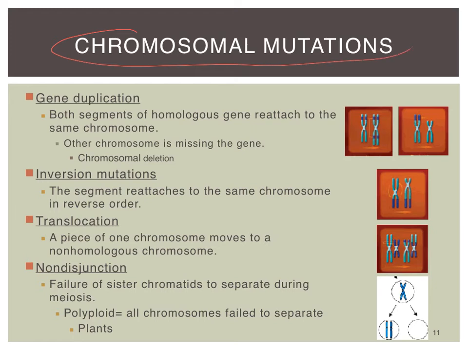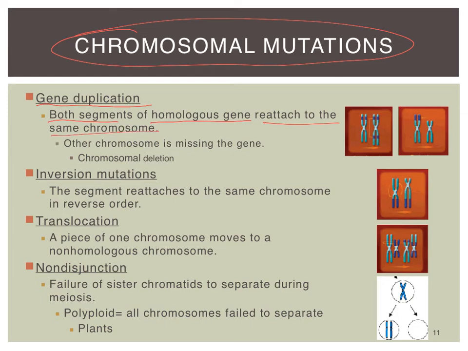Chromosomal mutations. The first one we're going to talk about is what's called a gene duplication. Remember, these are happening during meiosis. So in prophase 1, when homologous chromosomes cross over, what can happen with a gene duplication is both segments of the homologous gene, the part of the chromosome that was going to cross over, they both reattach to the same chromosome.